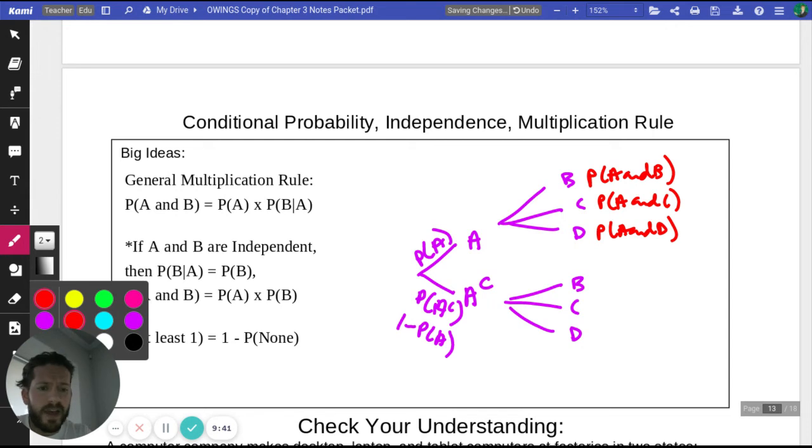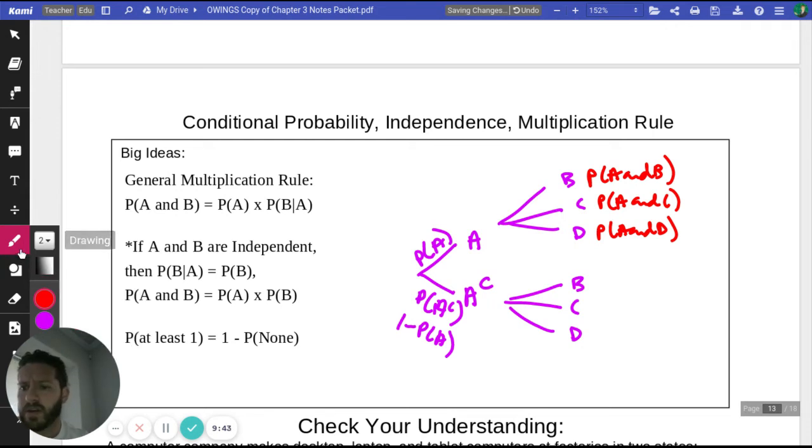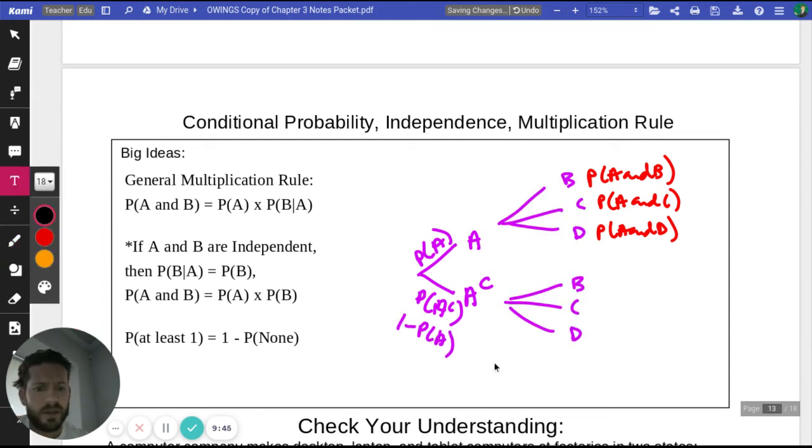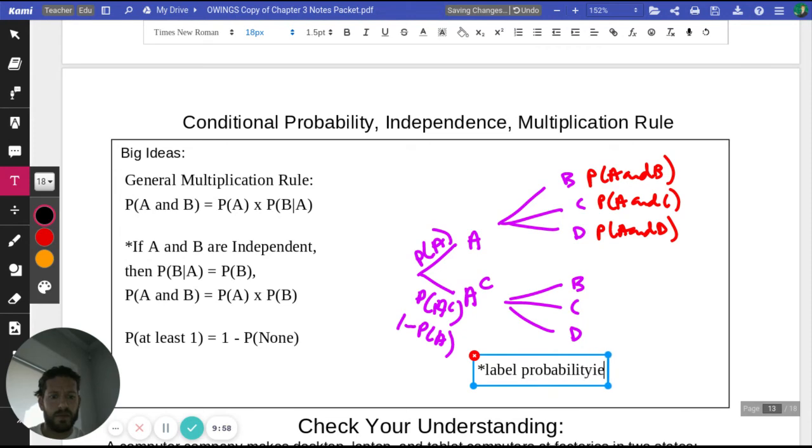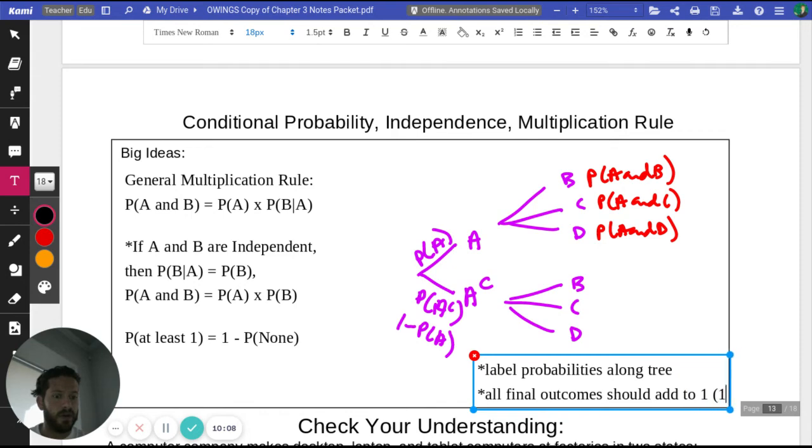And so those are all going to be values, and a couple quick notes about that is we want to label the probabilities along the tree, all of the final outcomes should add to 1 or 100%.